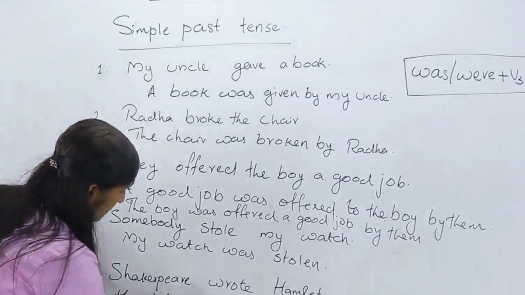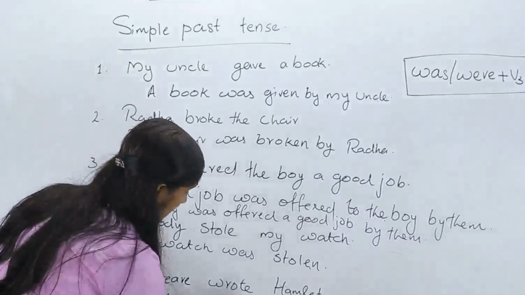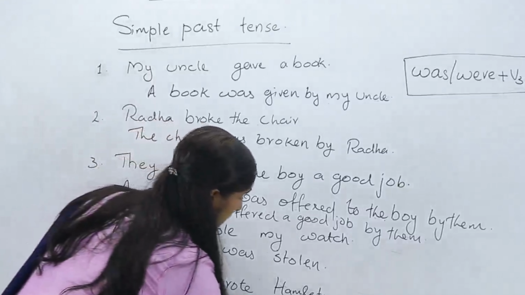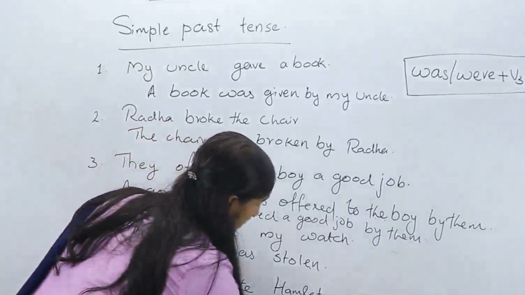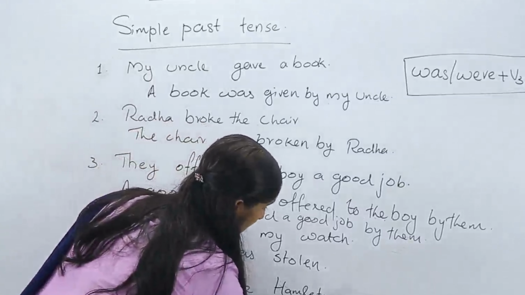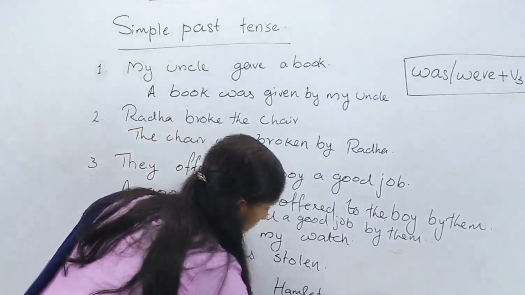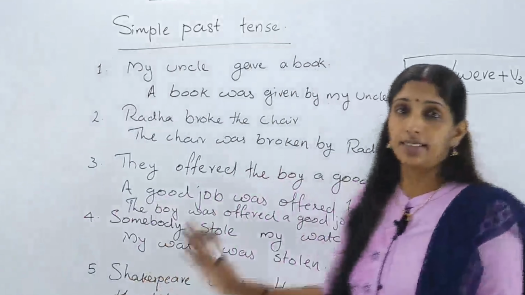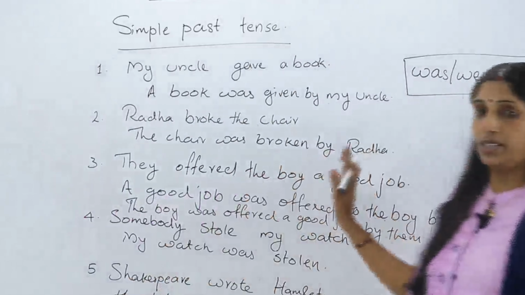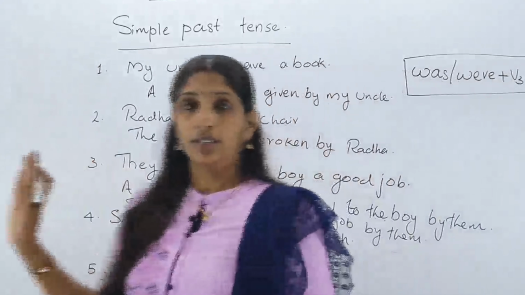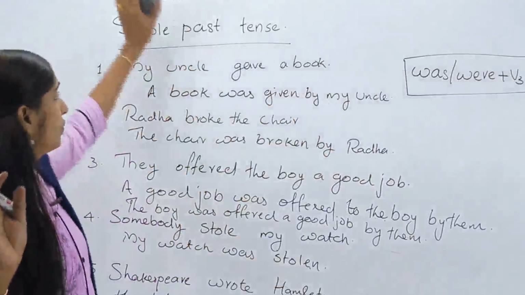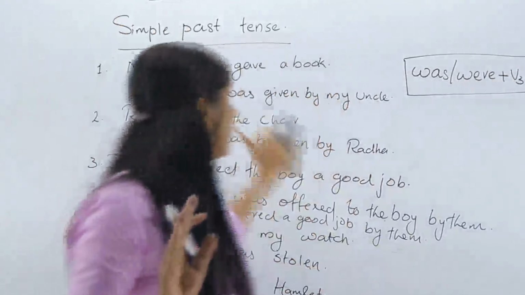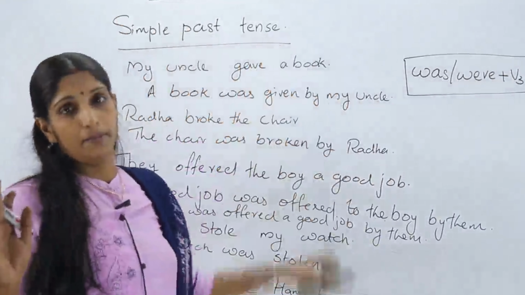Hamlet was written by Shakespeare. Okay. Have you all written all the answers correctly? Okay, good. Hope you understood. And now we can move to the next type of tense, that is past continuous.